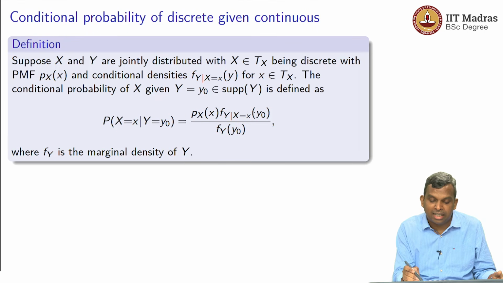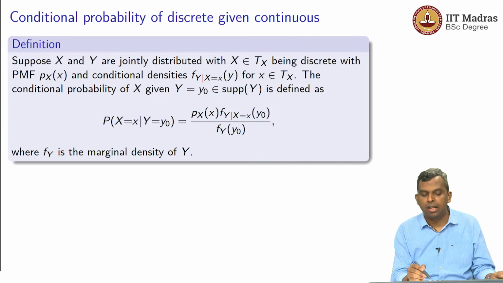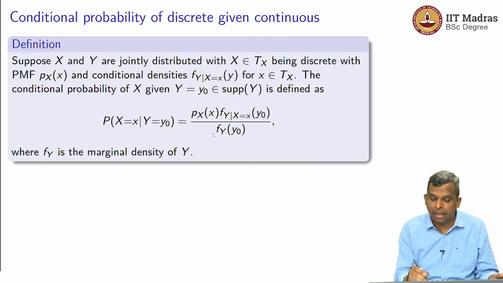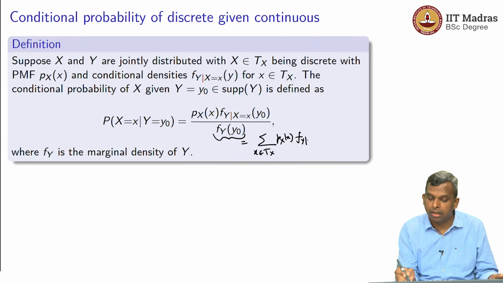So you have a density in the numerator and a density in the denominator. The numerator density is the conditional density, the denominator density is the total marginal density, and then you have P_X of x multiplying f_Y. Remember, the denominator is the sum over x of P_X of x times f_Y given X equals x of y naught.